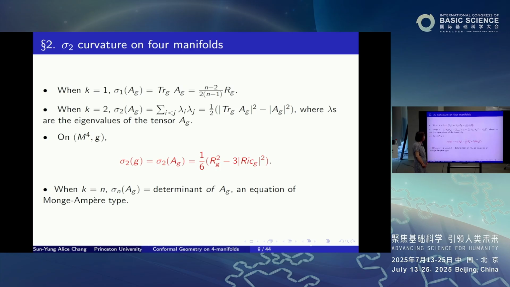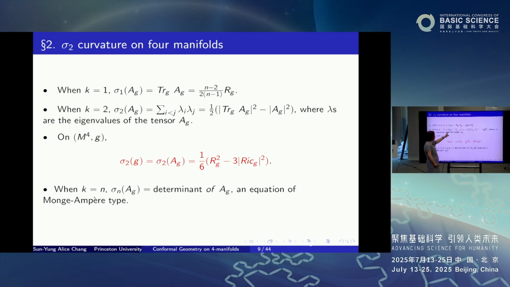So let me say what sigma 2 is. Sigma 1, sigma 2, sigma k. Sigma 1 means take the trace of this tensor. The trace of this tensor turns out to be scalar curvature. So the Yamabe problem is to study sigma 1 of the Schouten tensor.